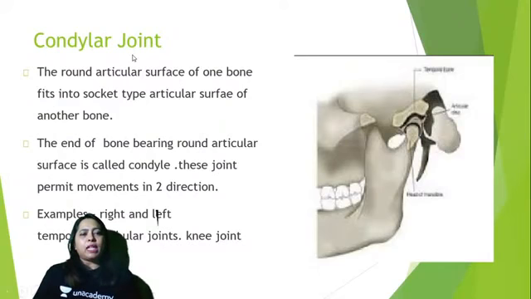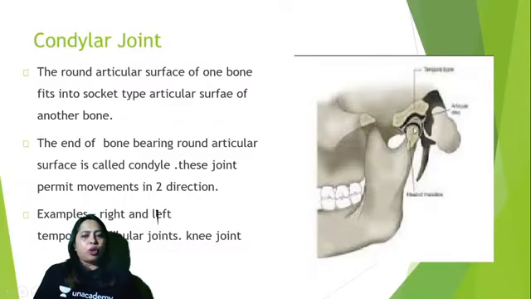Next one is the condylar joint. In the condylar joint, I told you that there is an articular disc. The articular disc divides this joint cavity into upper and lower compartments. And there is this condylar type of projection in the mandible. There is a coronoid projection and a condylar projection. The condylar projection forms a joint with the fossa, called the mandibular fossa of the temporal bone.